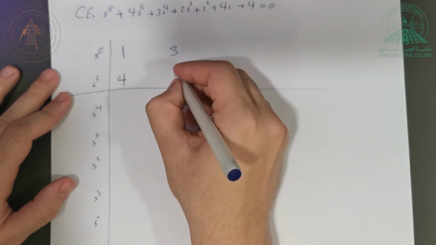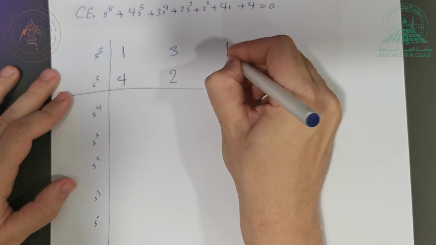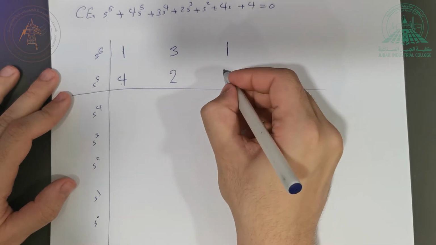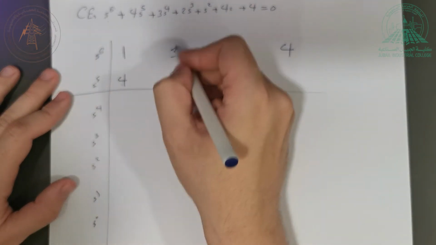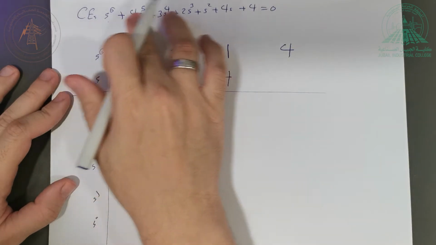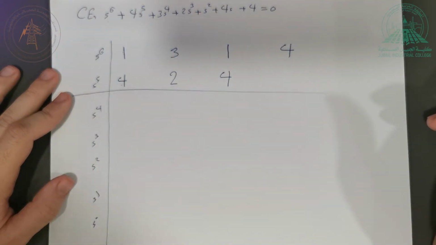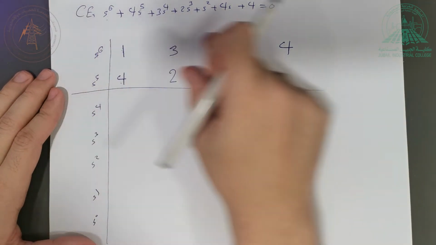What's the next number? 2, so I'll put 2. The next number is 1. The next is 4, so I'll put 4 here. The next number is 4. So this is how I move. I move like that and just put the coefficients of the characteristic equation like this. This is how you fill the first two rows.